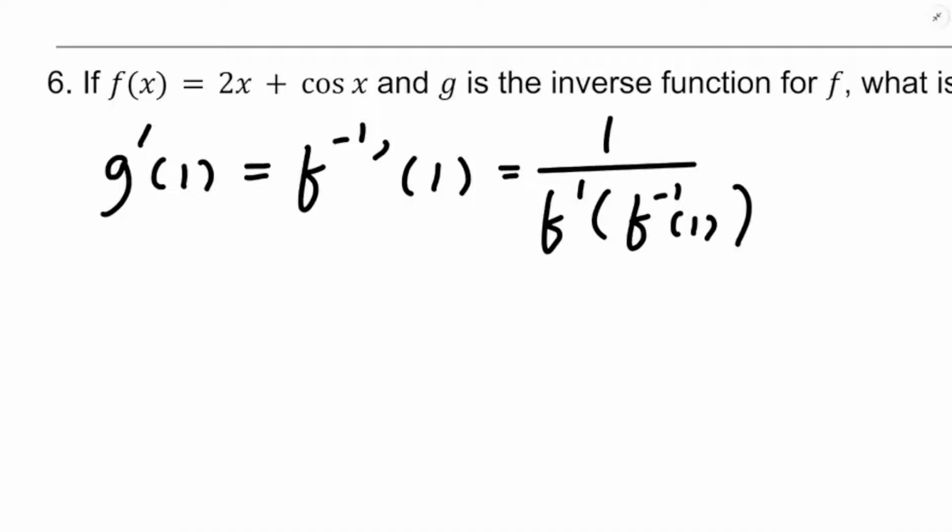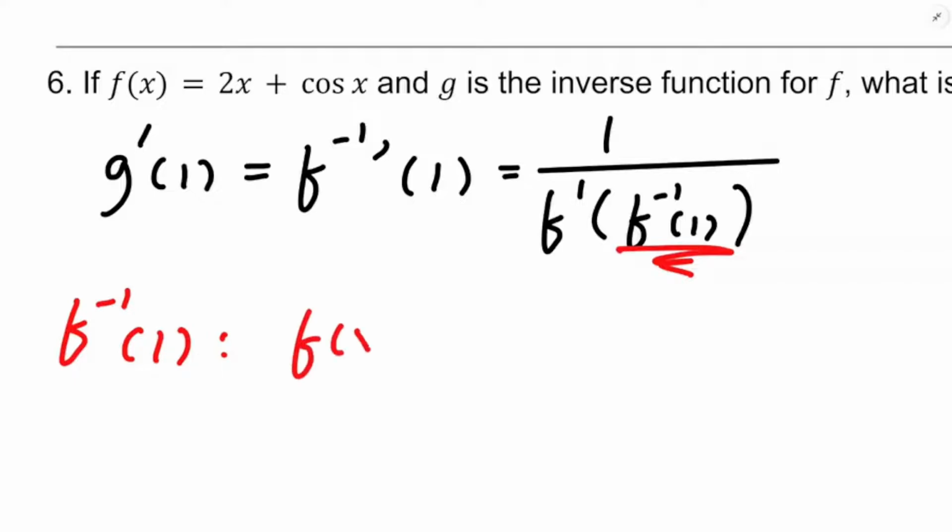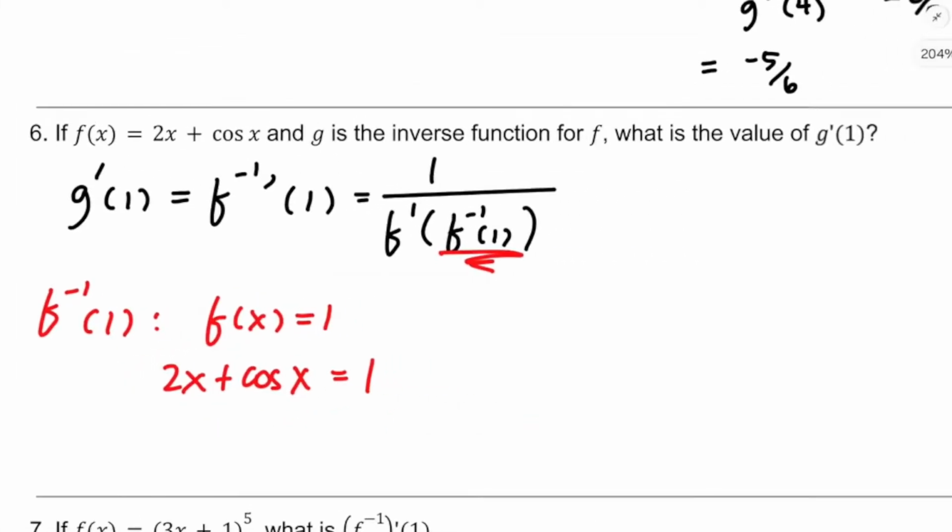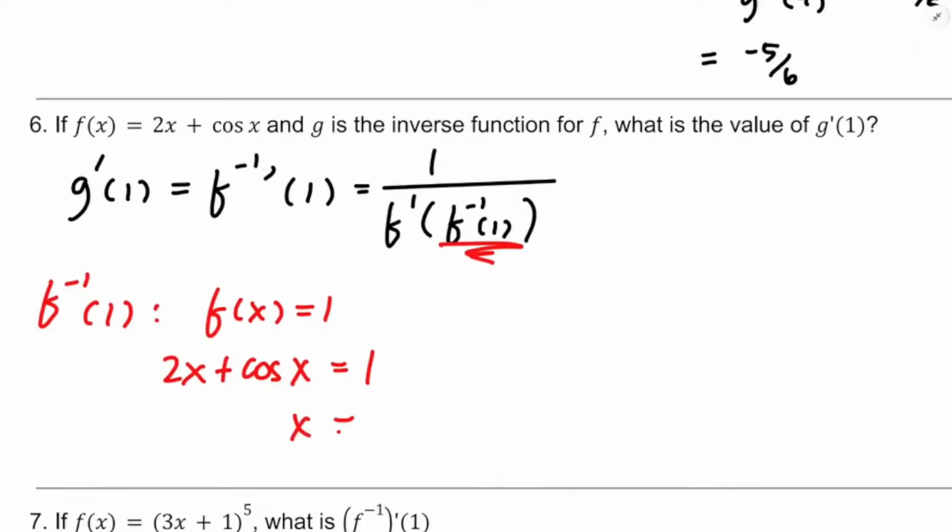Now I have to think about what f inverse of 1 is. Say f of x equals 1, where 2x plus cosine x equals 1. Looking at that, that's going to happen when x equals 0. So now I'm taking 1 over f prime of 0.